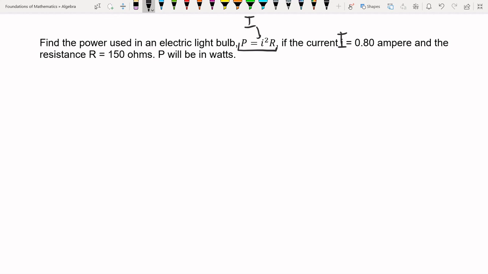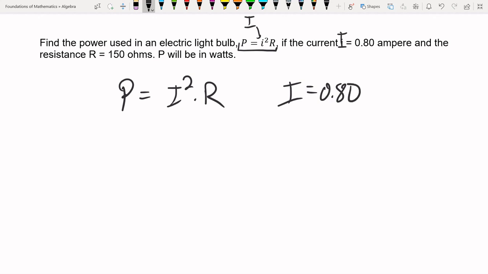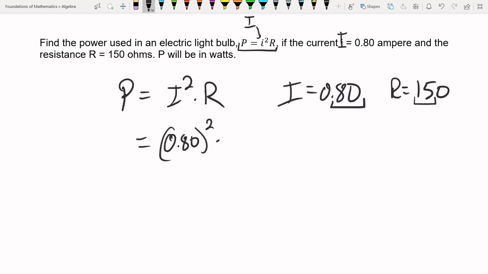Okay, to solve this, all we really have to do is take P equals I squared times R for when I equals 0.80 and R equals 150. You'll notice here that we have 2 significant digits here, and we have 2 significant digits here. So our answer should really be in 2 significant digits. 0.80 squared times 150.